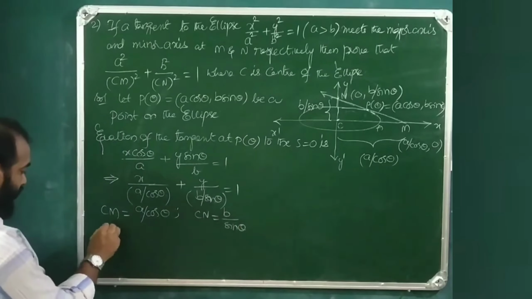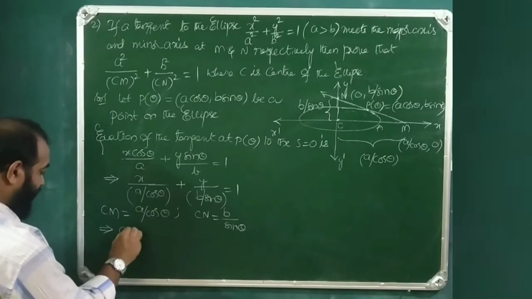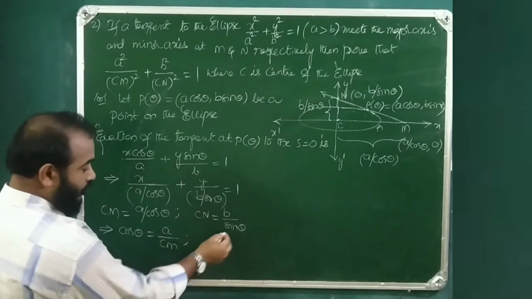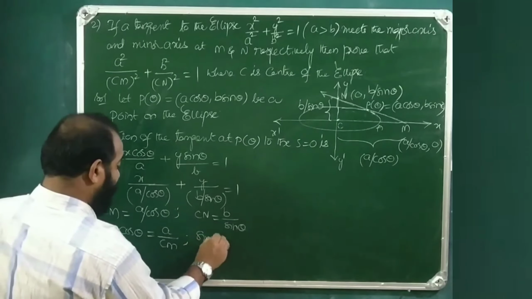So from this, cos theta equals a by CM, and sin theta equals b by CN. Now, squaring on both sides, cos square theta equals a square by CM square, and sin square theta equals b square by CN square.